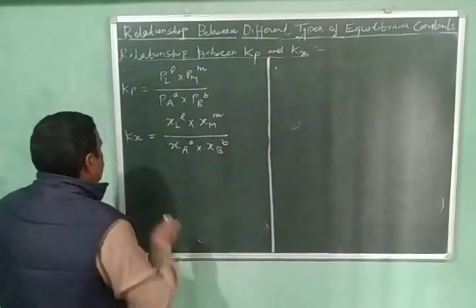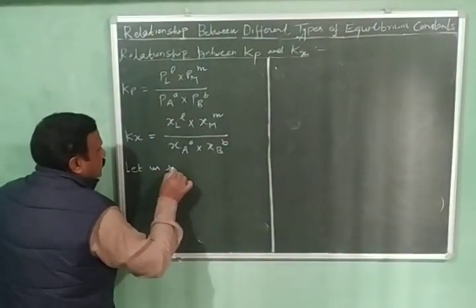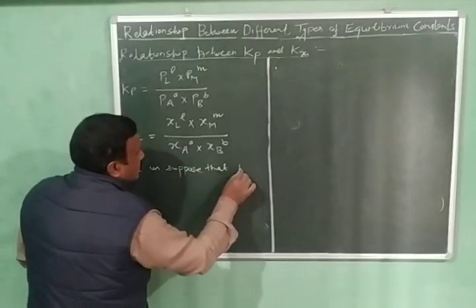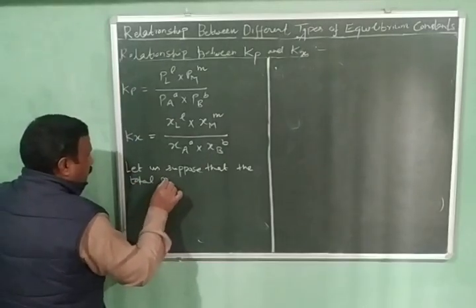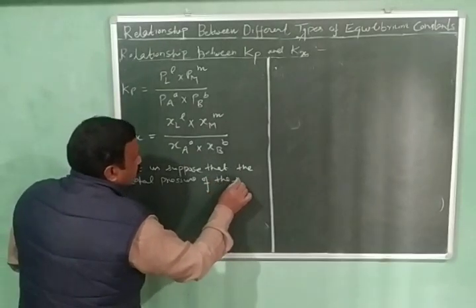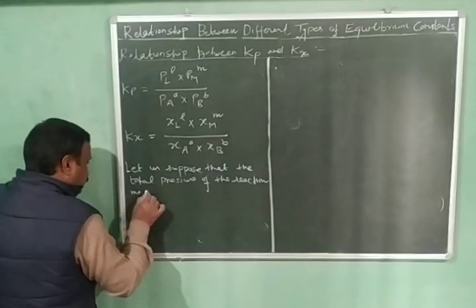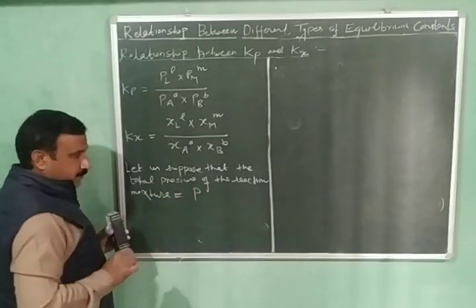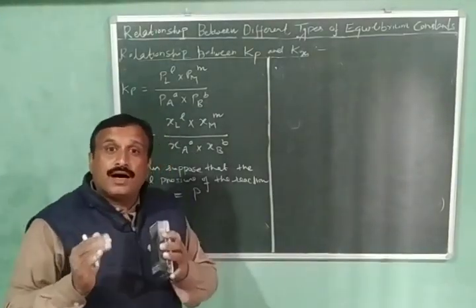So let us suppose that the total pressure of the reaction mixture is equal to P.